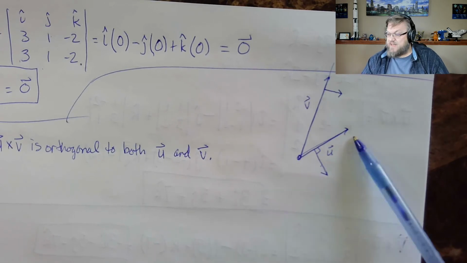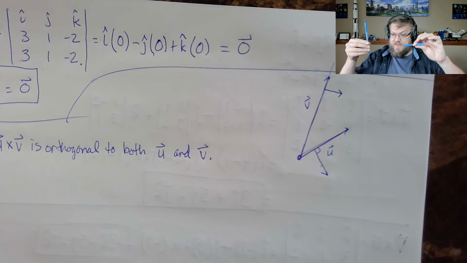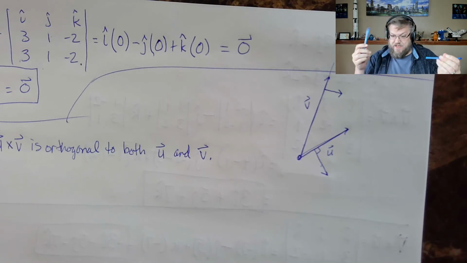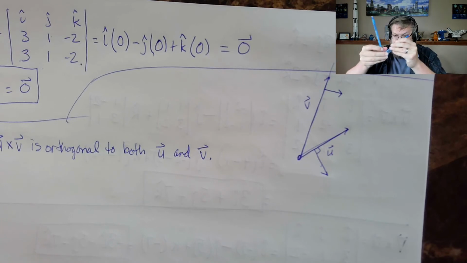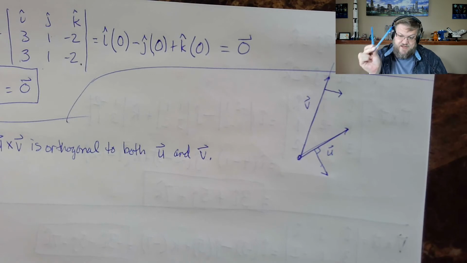It's going to take two vectors which have to live in a plane, right? Pick up any two vectors, and I can say that they live in a plane like that. And if I have that like this, now I have a cross product that's either going to go that way or that way, orthogonal to both of these vectors at the same time.